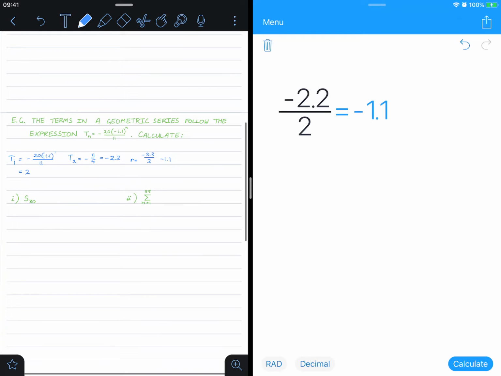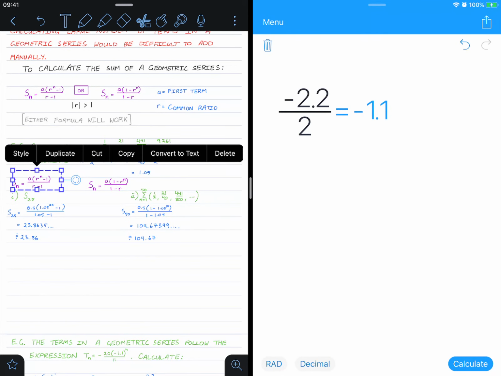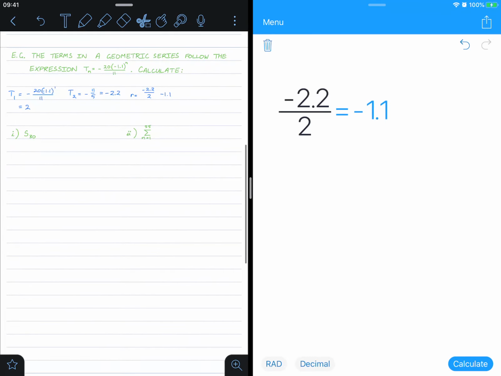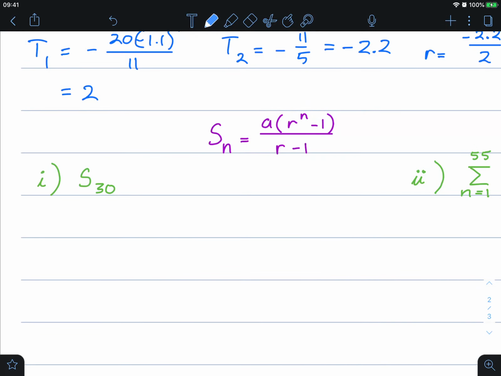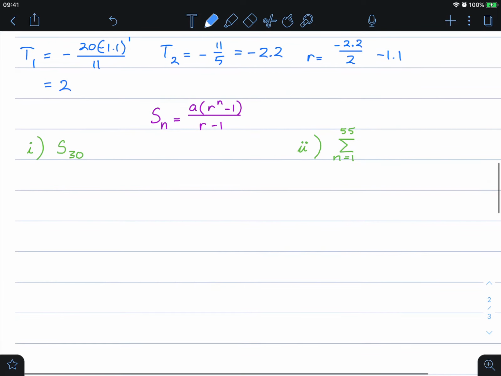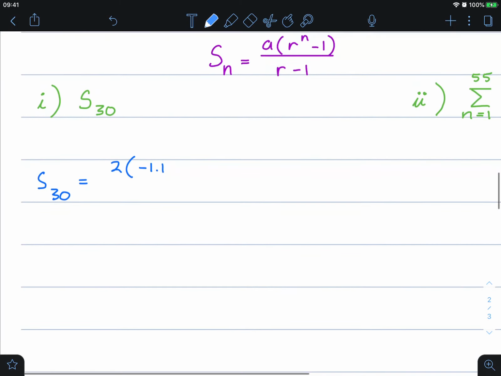And now we can find the sum. For this, I'm just going to use the one formula, because either will work. So now to find S30, we need the first term, 2, times r. r is negative 1.1. Now, here's a little tip.